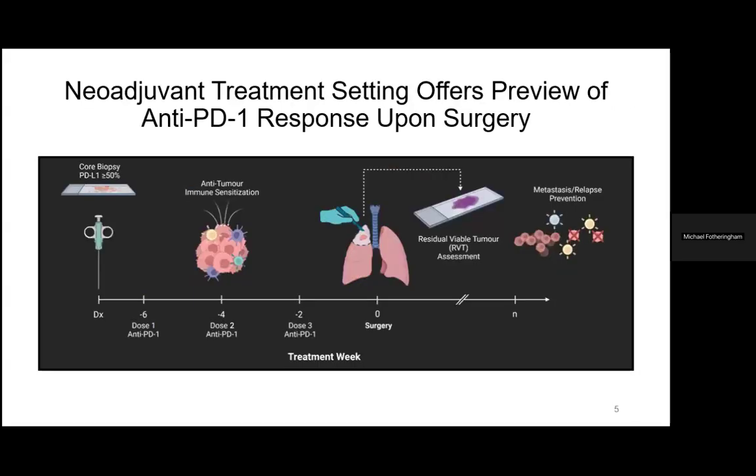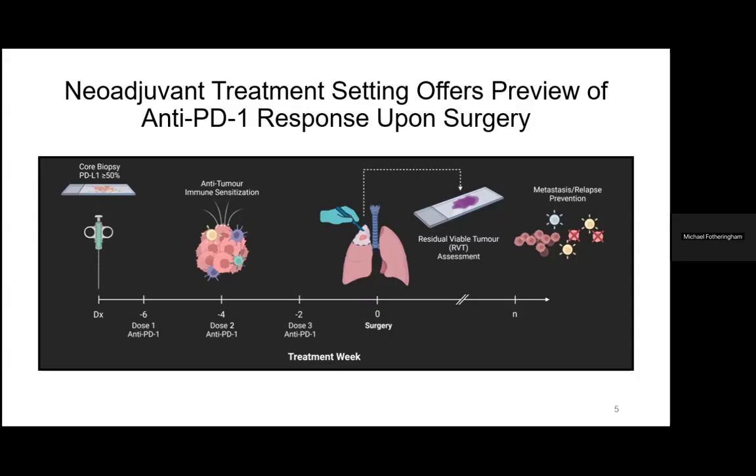And so here's a timeline of neoadjuvant anti-PD-1 immunotherapy being administered. Starting from diagnosis, a biopsy is taken, and the biopsy is analyzed. If the biopsy contains sufficient PD-L1 expression, then they're a candidate for anti-PD-1 immunotherapy. In the neoadjuvant setting, the therapy is administered prior to surgery.